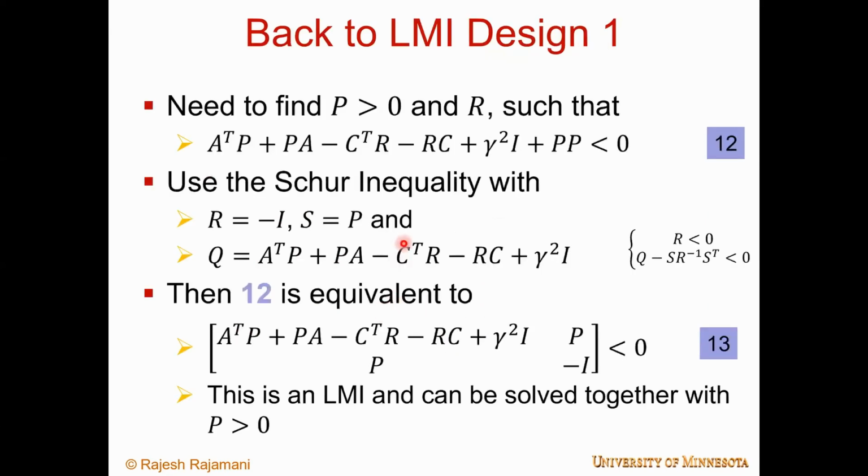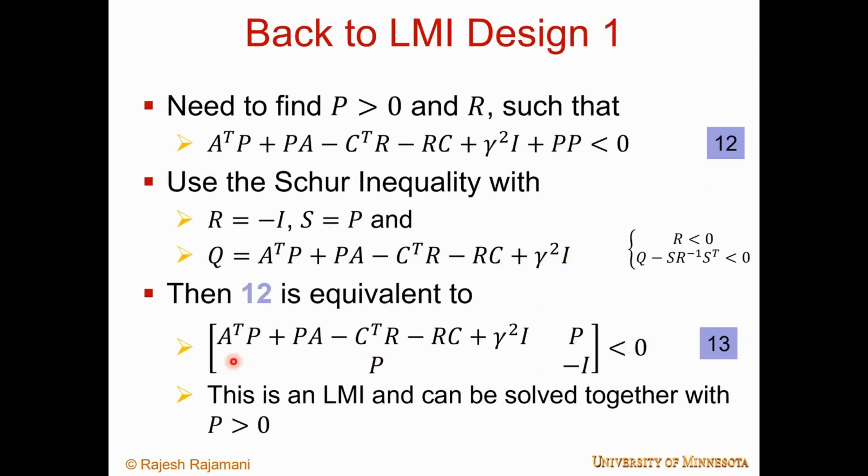That's what we have done here on this slide. We have this quadratic, algebraic inequality involving P transpose P. By defining R equal to minus I and S equal to P, and using the Schur complement lemma, we end up with this LMI.